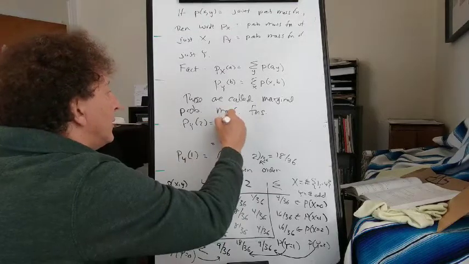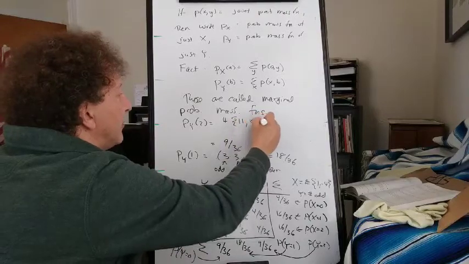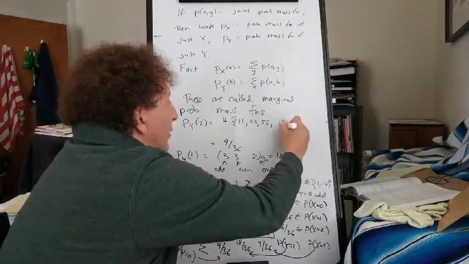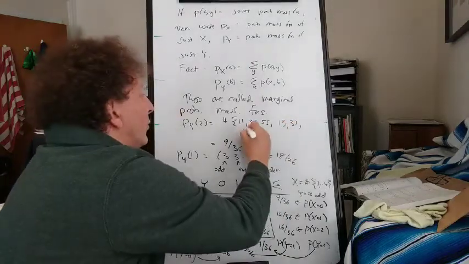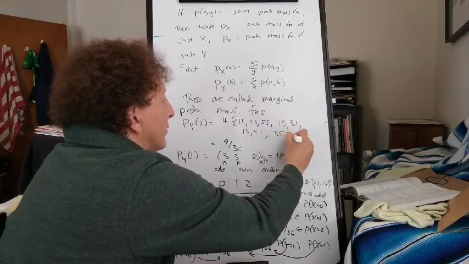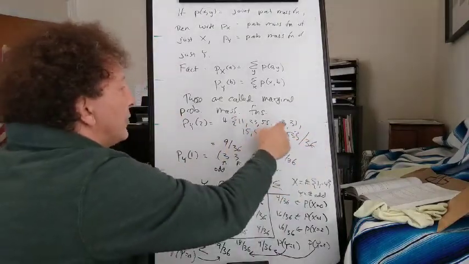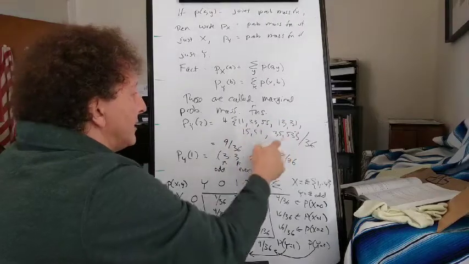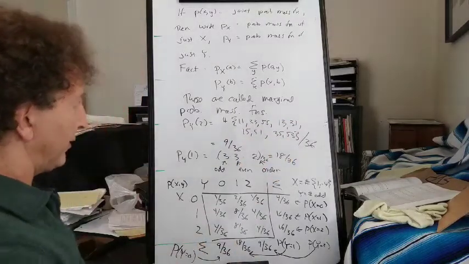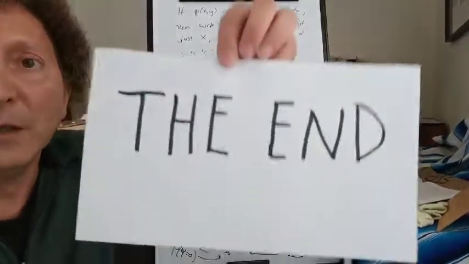Well, we either get 1, 1, 3, 3, 5, 5, or some combination of 2 of them: 1, 3, 3, 1, 1, 5, 5, 1, or 3, 5, 5, 3. And there's 1, 2, 3, 4, 5, 6, 7, 8, 9. 9 over 36 here. And indeed 9 over 36 is what we got for the marginal probability there. The end.